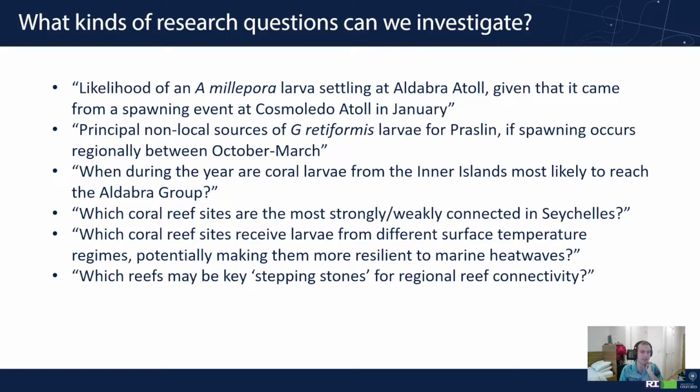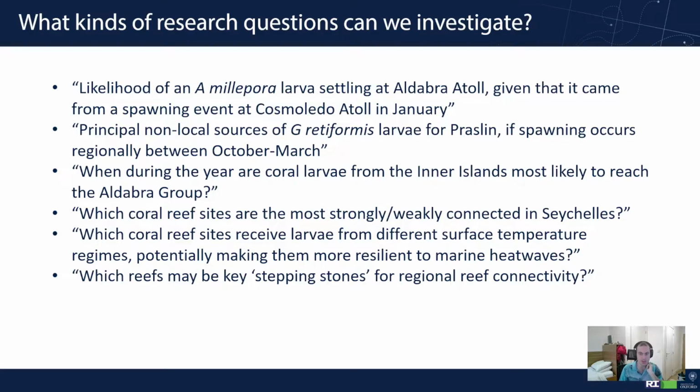So these site-specific questions are really straightforward for us to answer, or we can answer larger scale regional questions. You might hypothesize that reefs that are more strongly connected might be more resilient to environmental damage, because if you've got a severe, say, marine heat wave that wipes out most of your corals on a particular reef, if you're strongly connected and receiving lots of larvae from other reefs, you've got a reasonable chance of recovering.